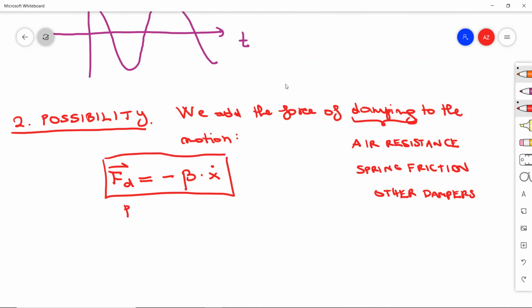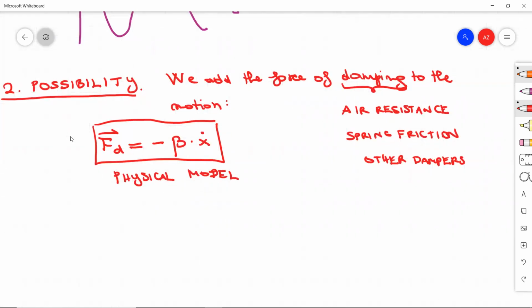This is a physical model, which is believed to be true, so we'll just regard it as true. So our differential equation then becomes, so before we had only force of gravity and force of spring. Now we also have a force of damping.